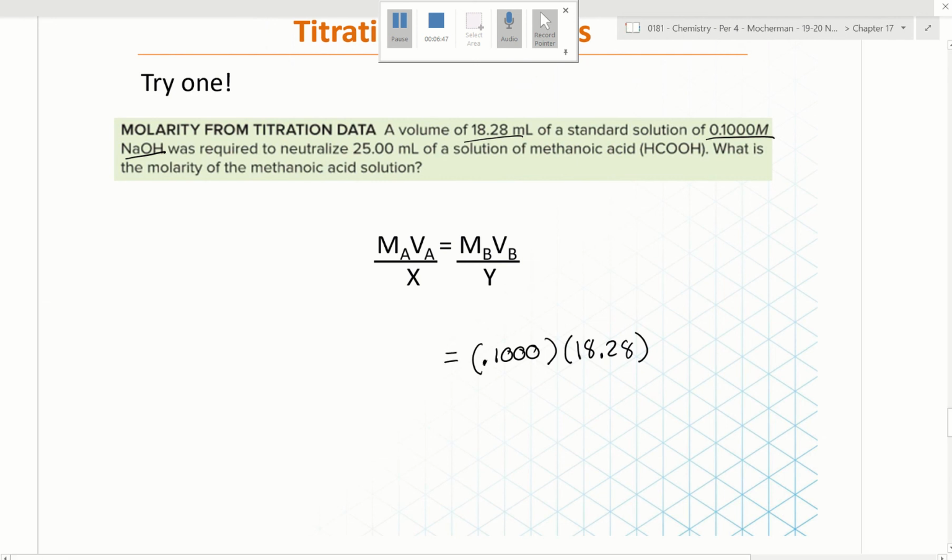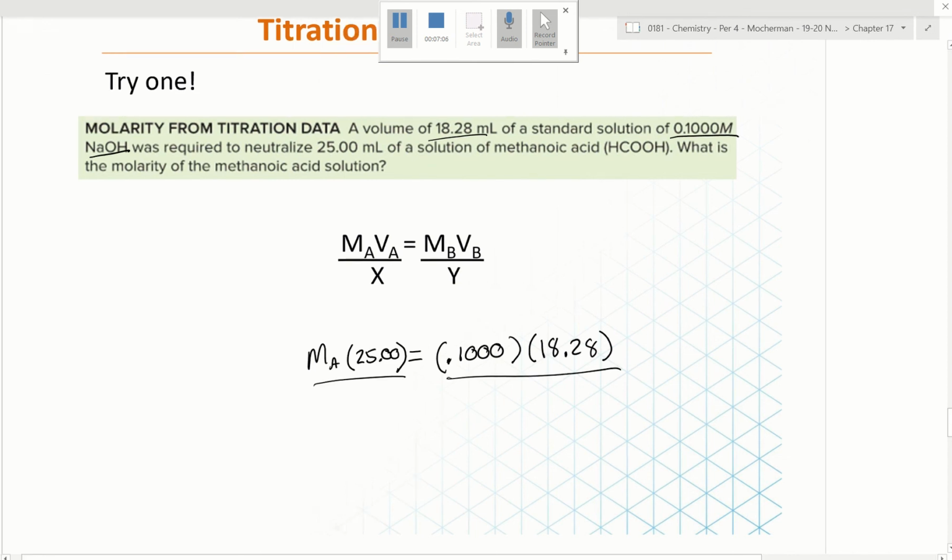All right, equals, it says 25 milliliters of ethanoic acid. What was the molarity of the ethanoic acid? So we're going to say Ma times 25.00. Well, the only thing we still need is, what is this divided by?